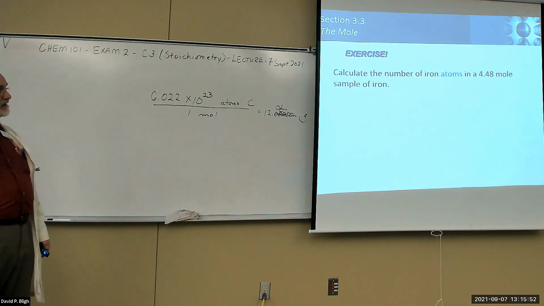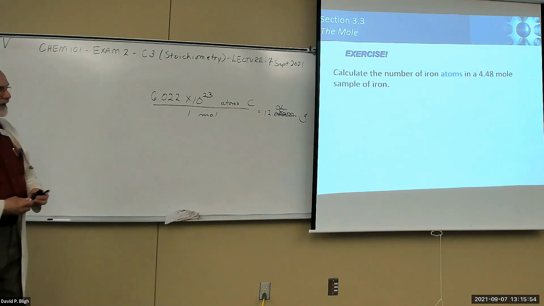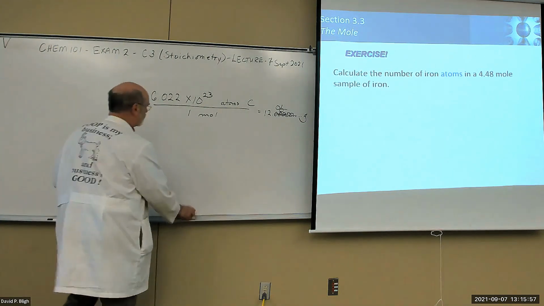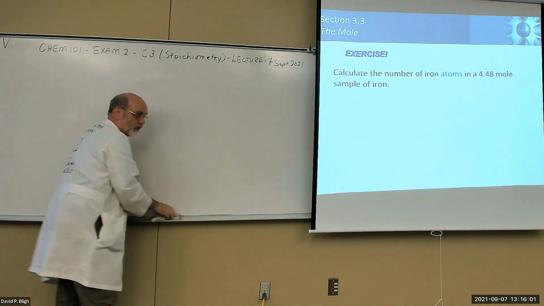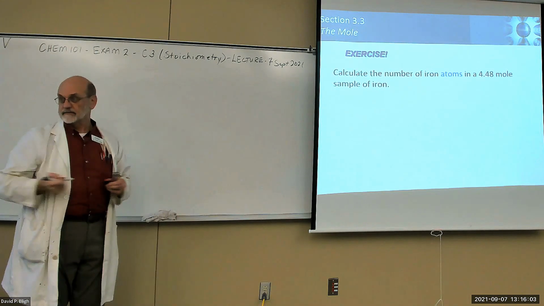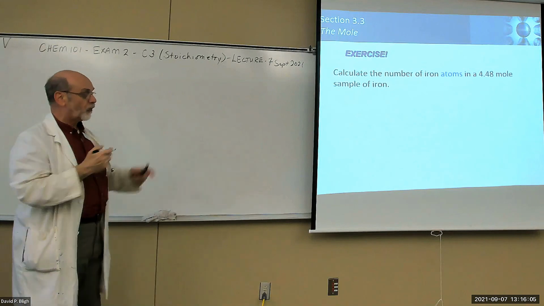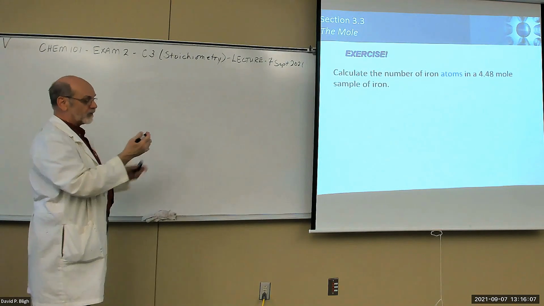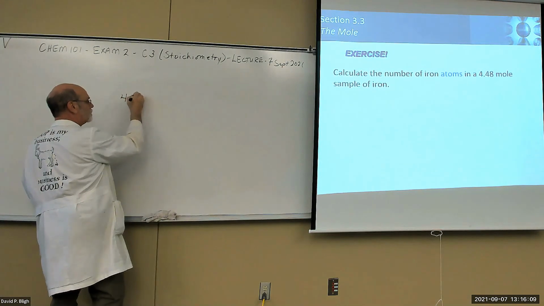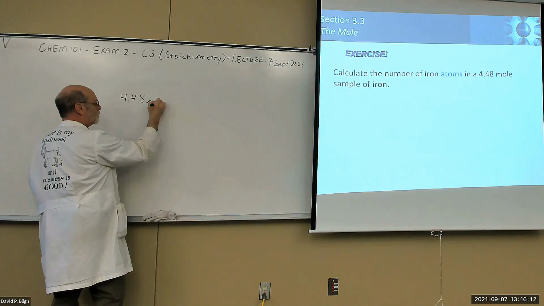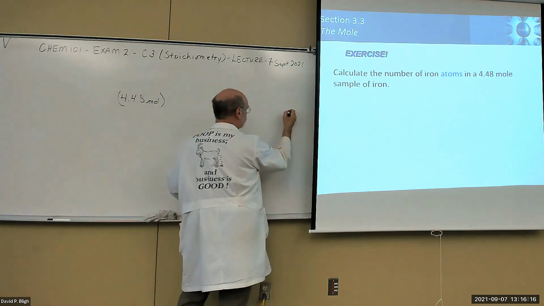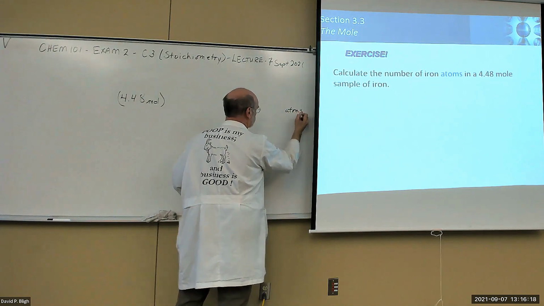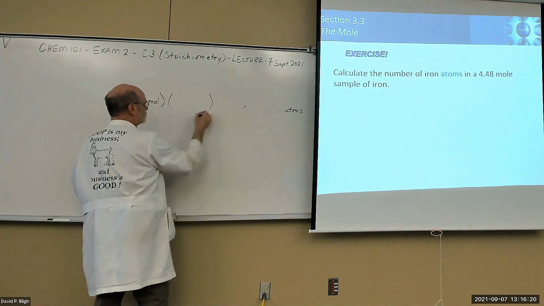Let's see. Calculate the number of iron atoms in a 4.48 moles sample of iron. Now, we're going back to dimensional analysis. 4.48 moles, you want to convert that to number of atoms. This is where you're starting, and this is where you're ending. So how do you get there?